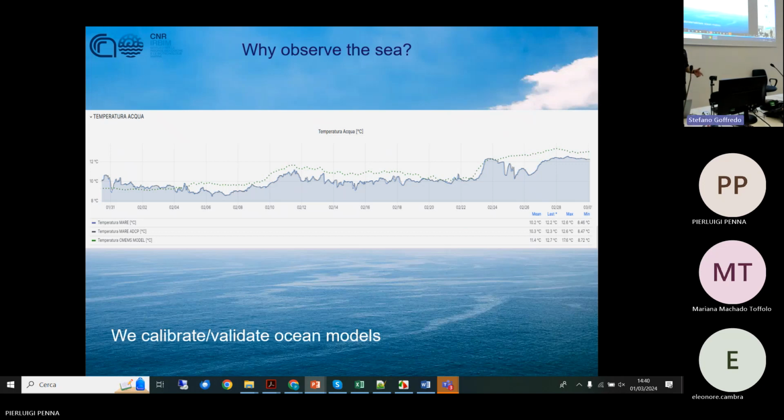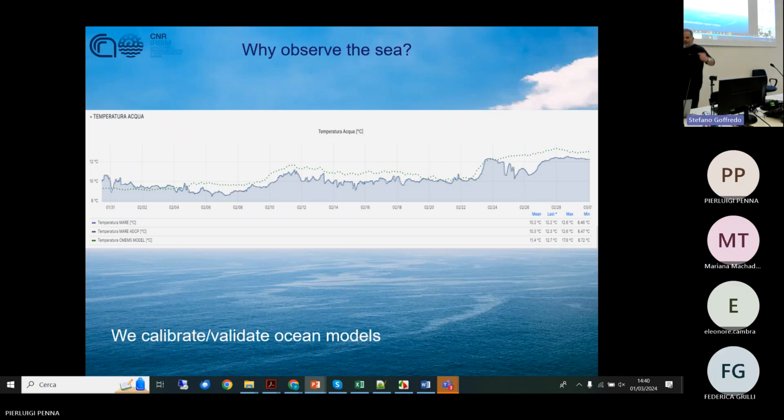Another aspect is that when we send our data to the Copernicus platform, EMODnet, and so on, they can do the reanalysis of the model by using our in situ data, in order to improve the accuracy of the model. But for this process, we need valid data. Because now we have artificial intelligence, deep learning.